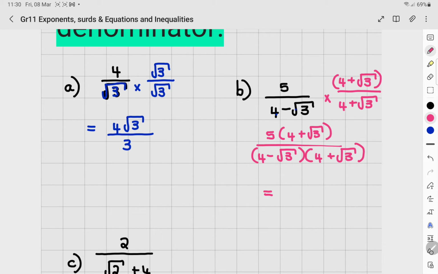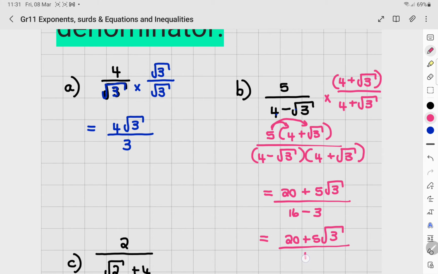All right, so now we can distribute that 5 into our bracket. 5 times 4 is 20, plus 5 times the square root of 3, over 4 times 4 is 16, plus 4 square root of 3 minus 4 square root of 3 falls away, and you are left with minus square root of 3 times square root of 3 is 3. 20 plus 5 times the square root of 3 over 16 minus 3 is 13.